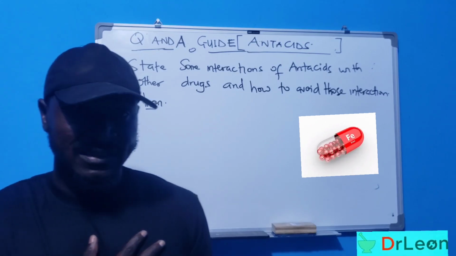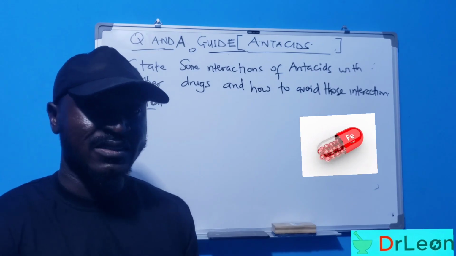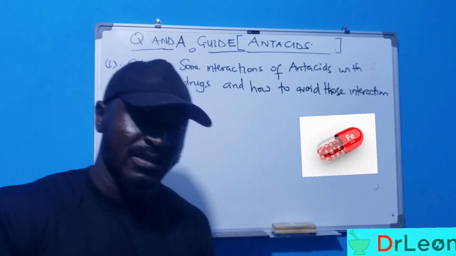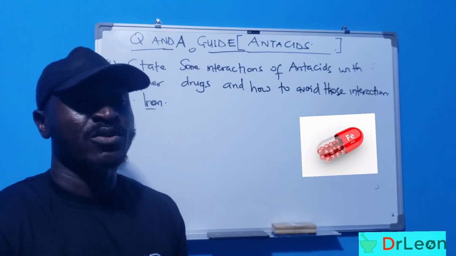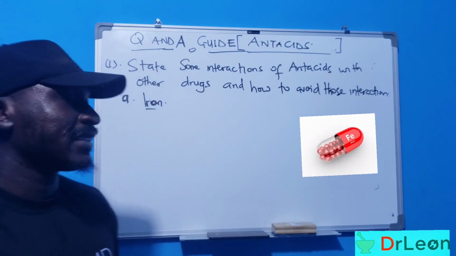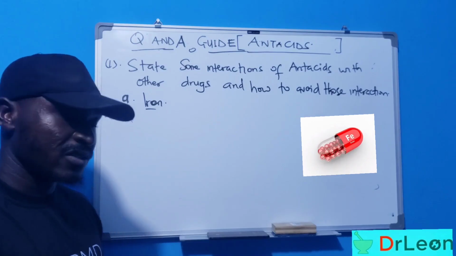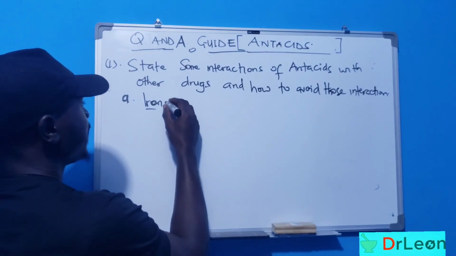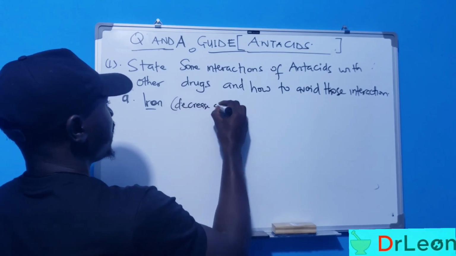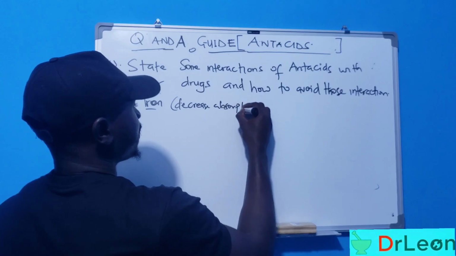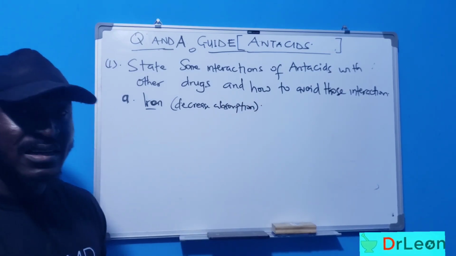You are taking an antacid which will neutralize the acid, so it will reduce the acidity of the stomach, and for that matter, iron absorption will be decreased. So with iron there is decreased absorption when you give them with antacid.